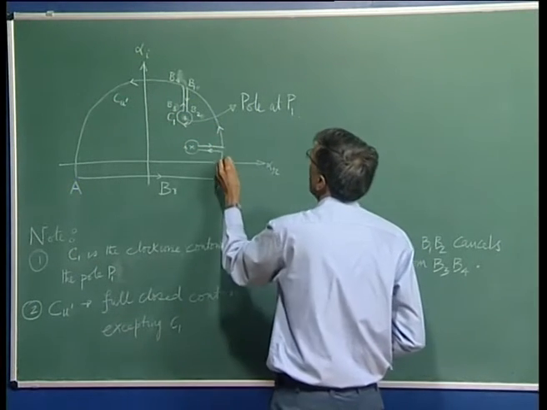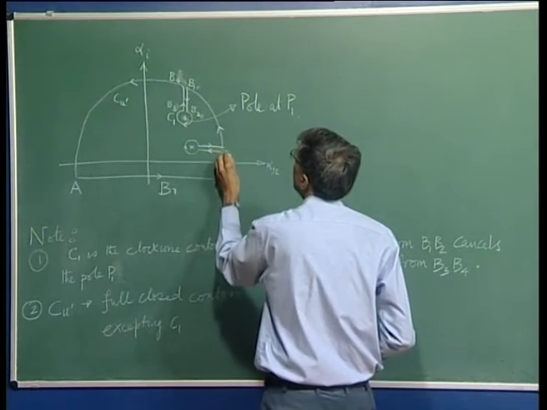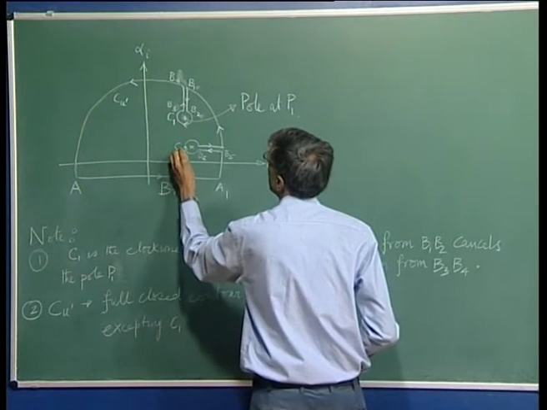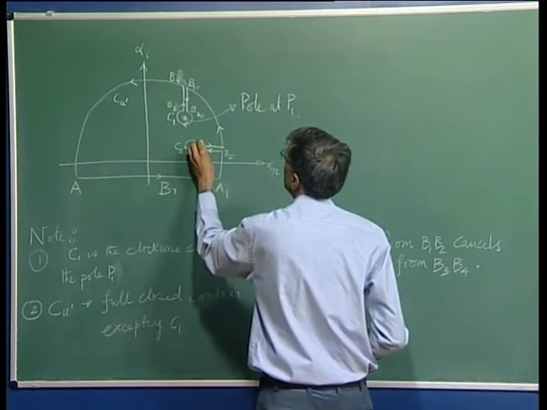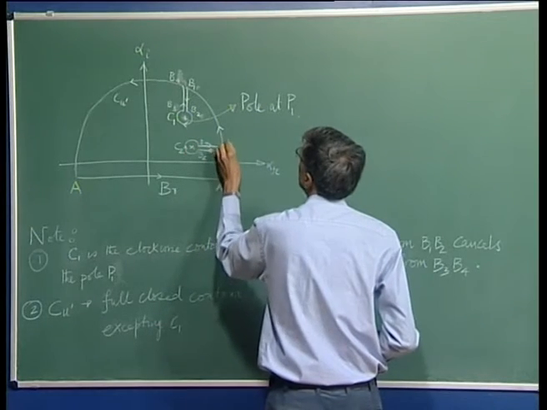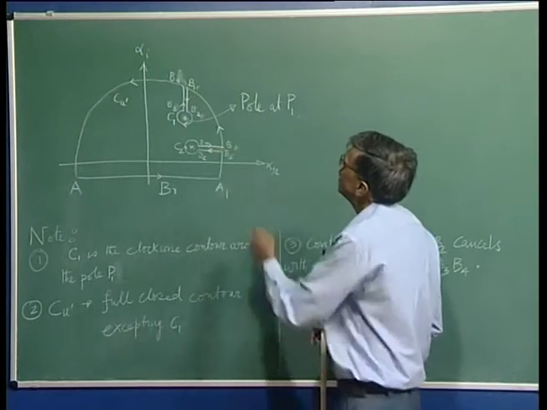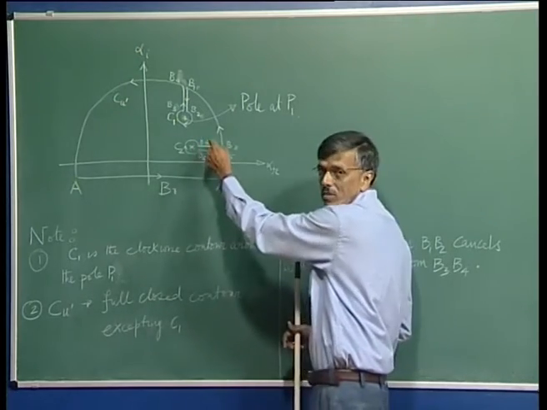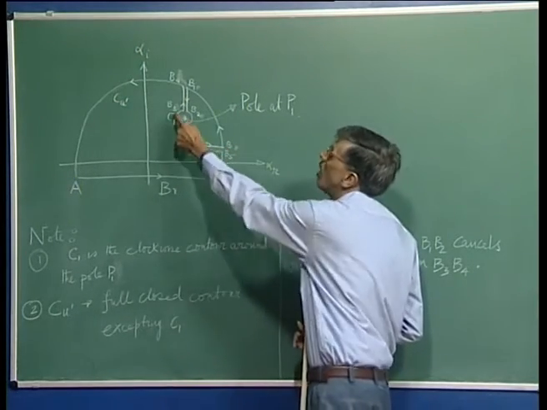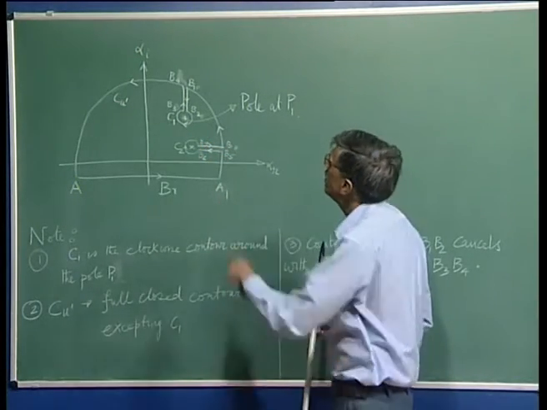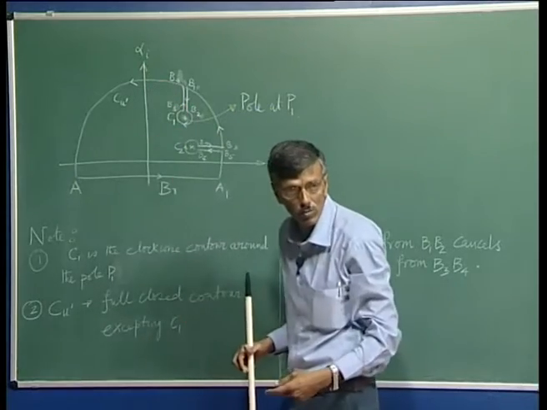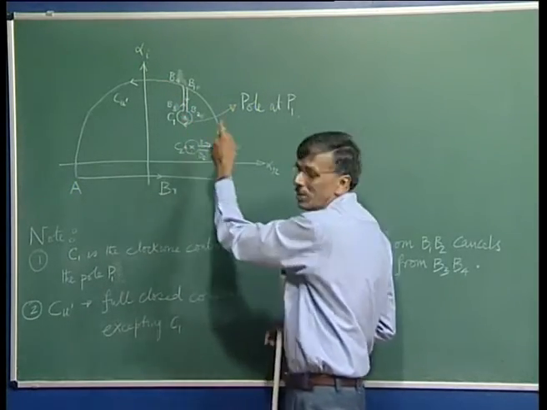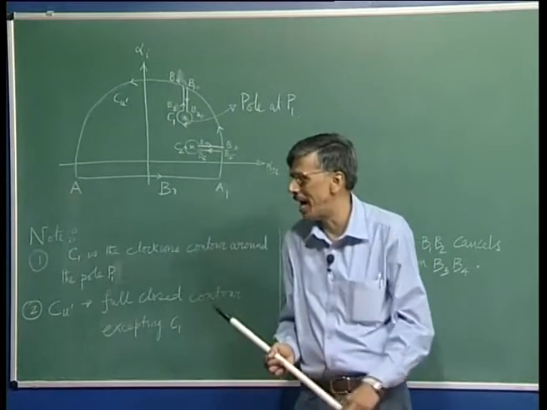So, I could call this as say B5 and B6, and this I could call it at C2 and let us say B7 and B8, and once again you can see that B5, B6 and B7, B8 will cancel out, and this will be now this. So, then what will happen? Then rest of the contour would be given by the residue calculated at P1 and P2. So, you can just simply add it up.